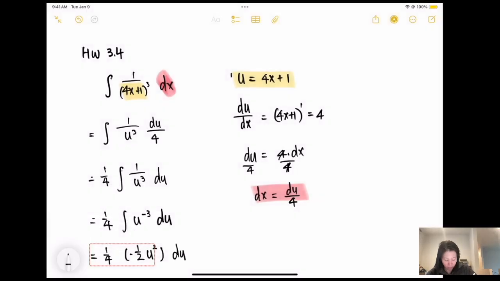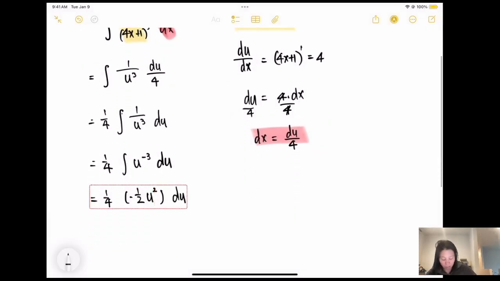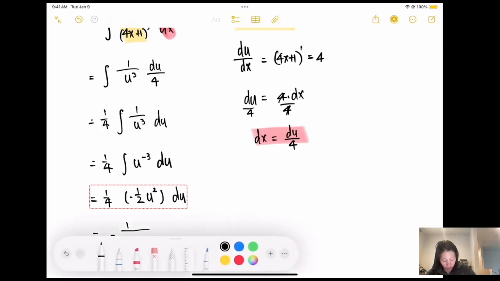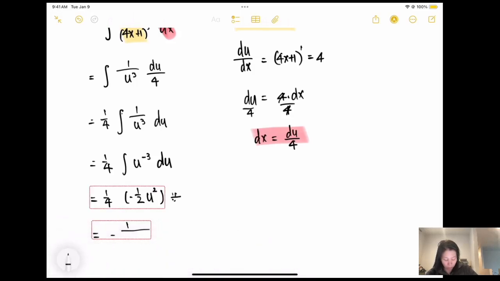Simplify everything. We have negative, no longer du, because we already did the antiderivative. And we need to add a constant term. Don't forget about that, because sometimes I do. Negative 1 over 8 u to the negative second power.